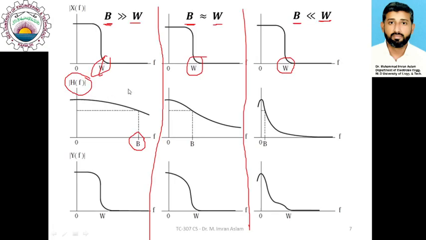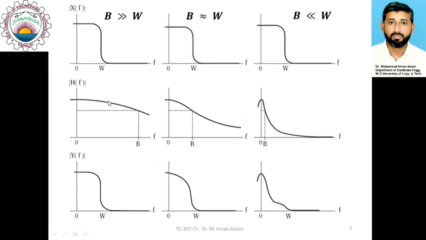So if you recall, the output is equal to the multiplication of the amplitude of the input signal and the amplitude response of the system.